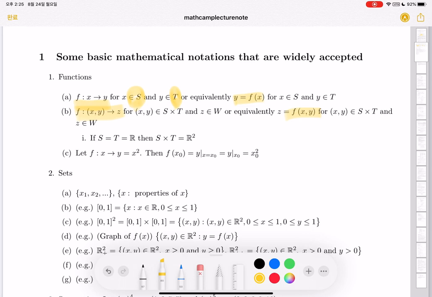For the notational simplicity, I'm going to use R to denote the real numbers, and R squared is when this mathematical entity is an ordered pair.